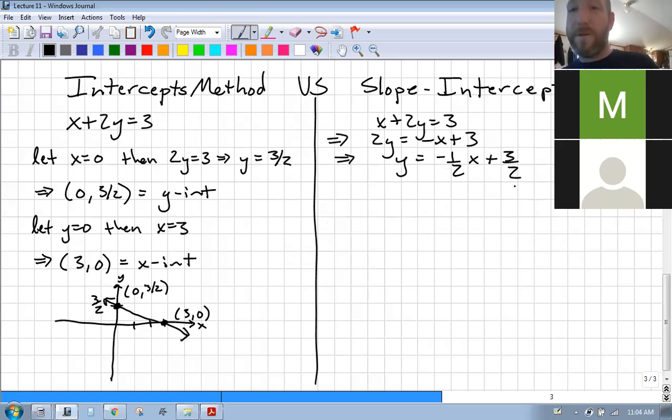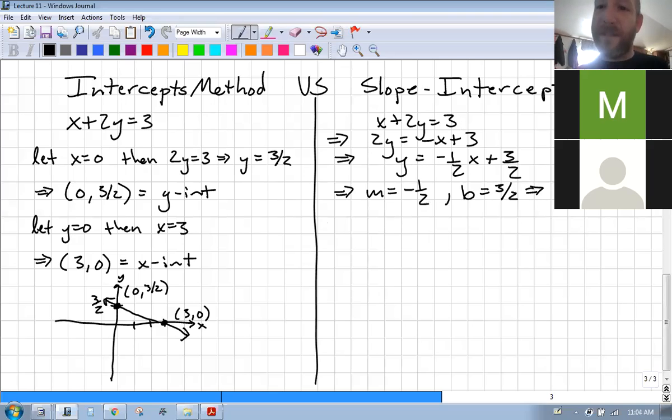So that's slope intercept form. Looking at that, we can say m is -1/2 and b is 3/2. B equals 3/2. That means 0, 3/2 is our y intercept.